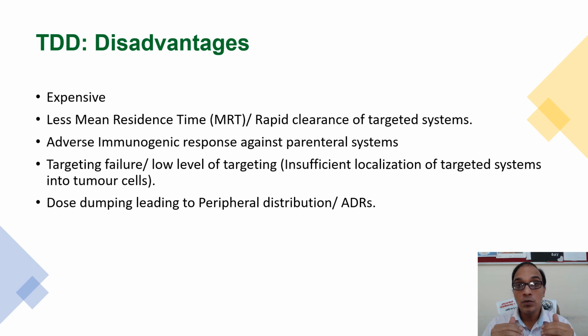So if dose dumping occurs, if the polymer system gets destroyed, or the system is a failure, then what will happen? The entire dose which is meant for the entire body throughout the day is delivered at once, and toxicity, other adverse effects, overdoses may occur. So these are the major disadvantages with the transdermal drug delivery systems.